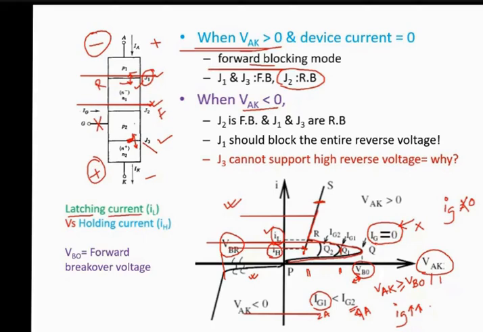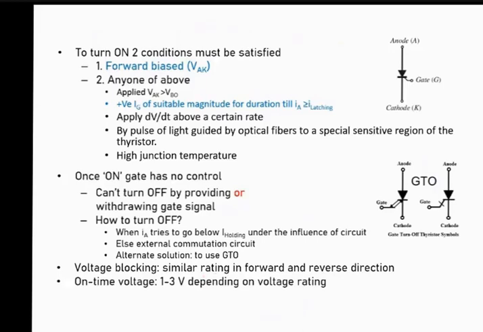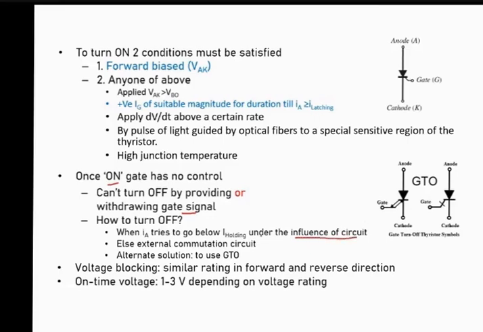Now to turn on again, you have to give the gate pulse. So once the thyristor turns on, to turn it off, gate has no role to play. Only when, due to external influence of the circuit behavior, we'll see in our form shortly, the actual thyristor current falls below this holding current.